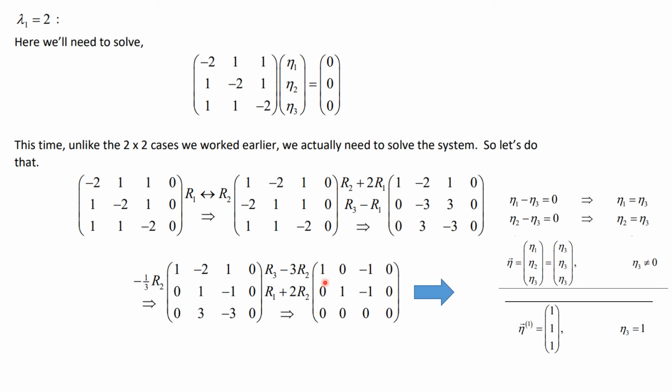And so you see that the first row will tell us that a_1 minus a_3 is equal to 0. And the next row will tell us that a_2 minus a_3 is equal to 0. So all of those are equal. That means this is what we have. And if we take a_3 to be 1, our eigenvector is 1, 1, and 1.